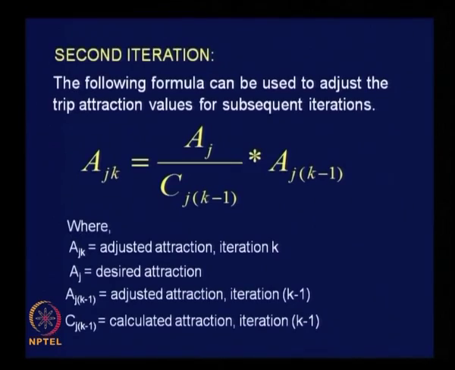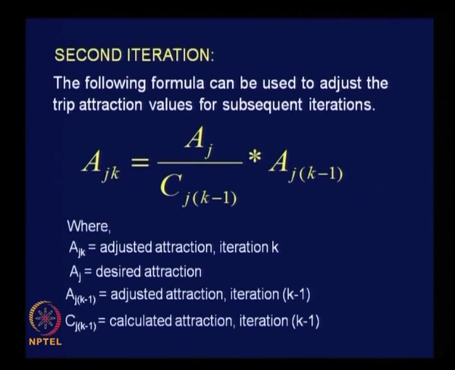Aj is the desired value which was obtained originally as trip attraction values for your traffic zones. Let us say your calculated value is small compared to the desired value Aj, then you may have to increase the trip attraction value by some means.